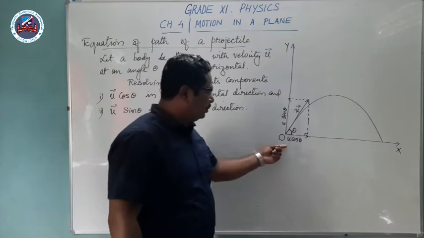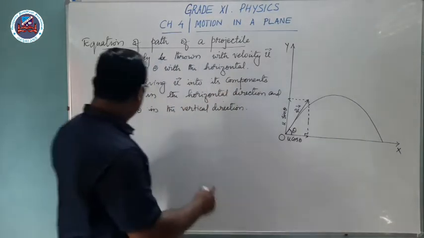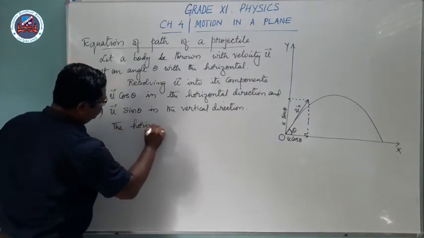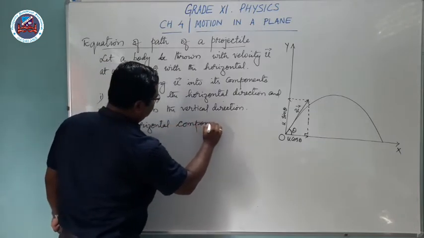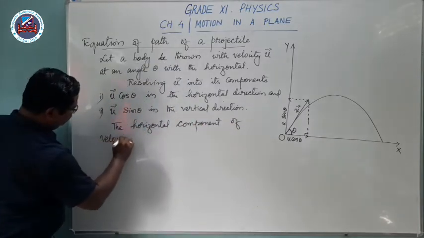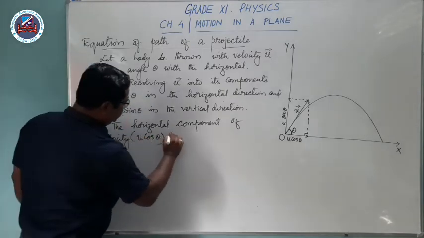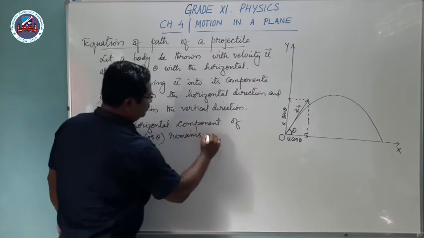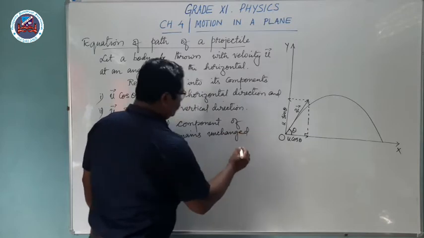Now this u cos theta, the horizontal component of velocity, remains unchanged throughout its motion.